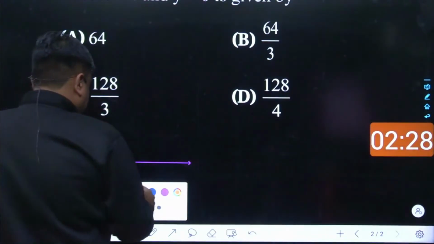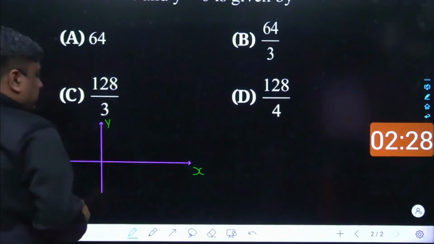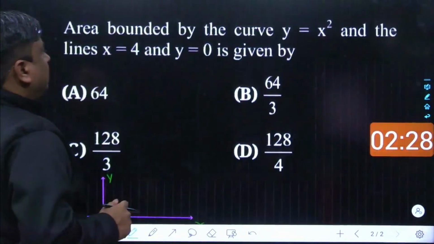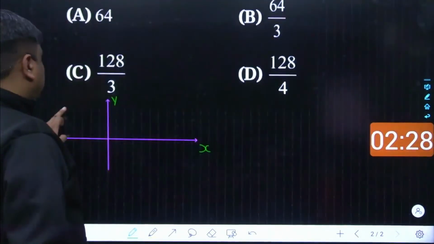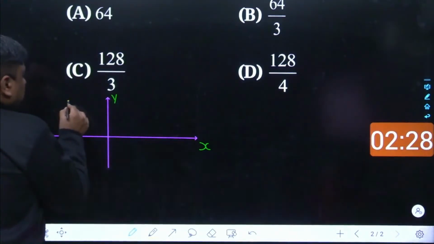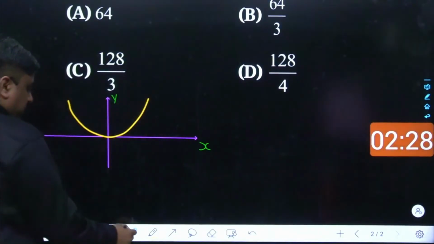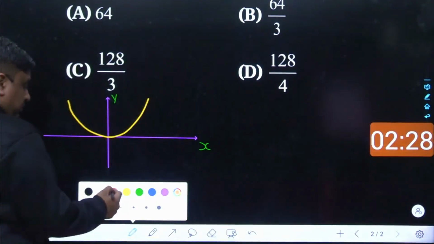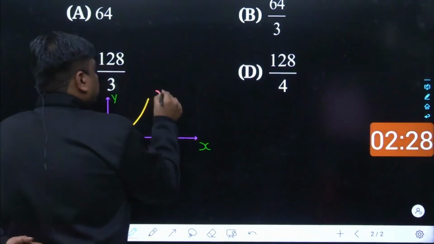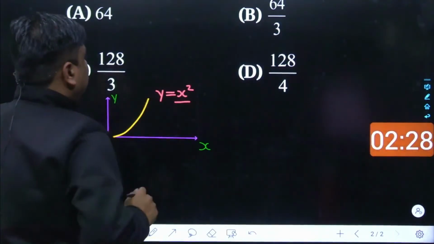Here comes the x-axis, and here goes the y-axis. y equals x square is going to be an upward facing parabola of this kind. This has been the first contour.